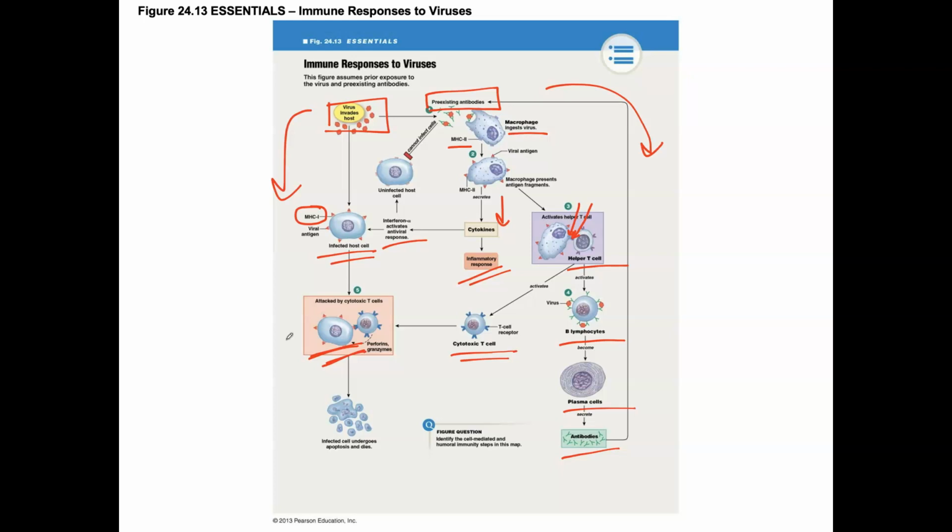So we actually have a couple pathways for cytotoxic T cells. They can either directly use MHC class 1s to become activated, or they can be activated by helper T cells so that we can destroy virally infected body cells. So we basically have two pathways to fight against the viruses that invade the body.